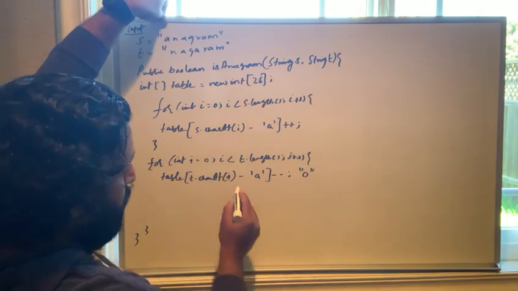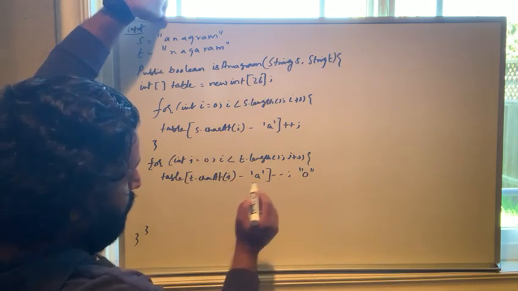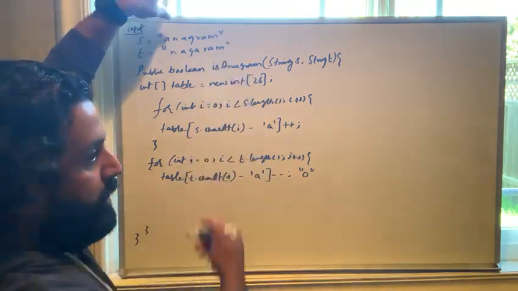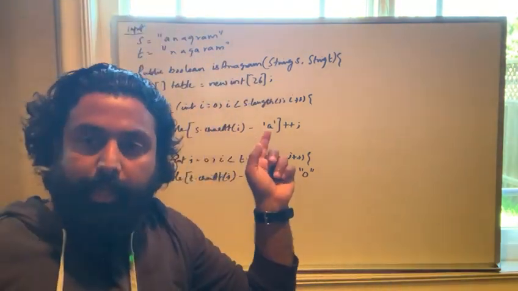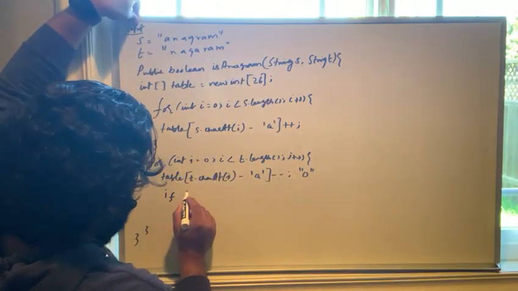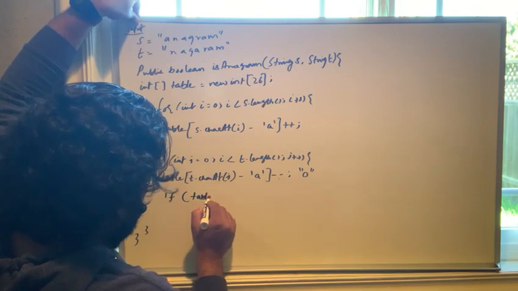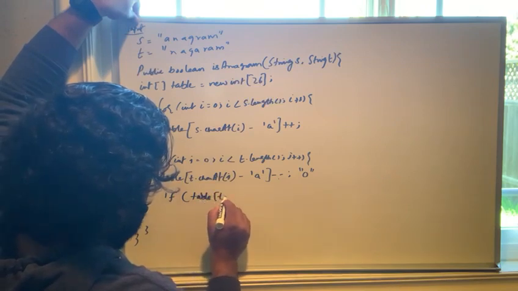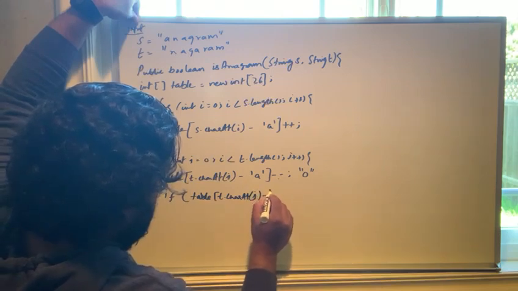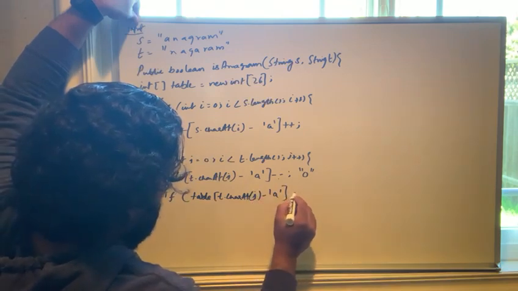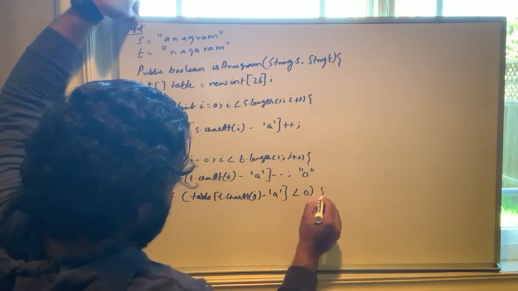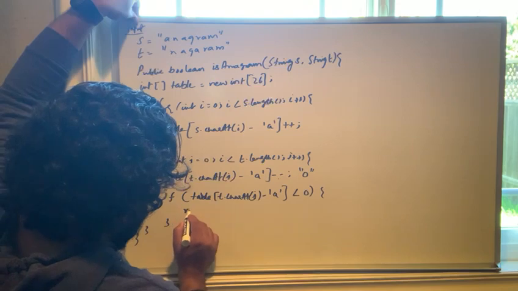If it goes below 0 when we are doing the decrement, that means the frequencies of letters mismatch and it is not a valid anagram. So we're going to check that here. If table of t.charAt(j) minus 'a' goes below 0 at any point, we're going to return false.